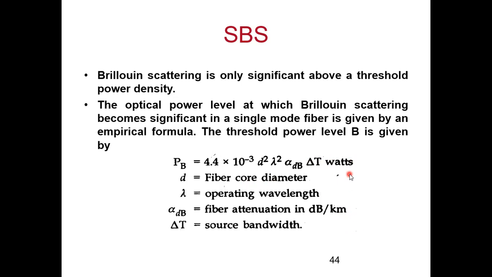This has never come in the exam, so I don't cover it in class, but I tell the students to prepare. Suppose they tell you to calculate the threshold power, then in the numerical they will give you all these parameters and you have to remember this formula and calculate the threshold power. So I'm not covering that question in class, but you can prepare it for the safety side.